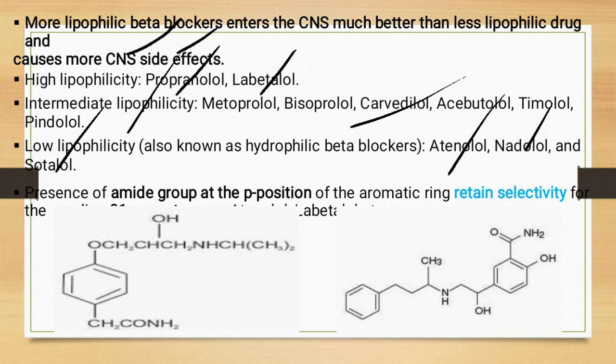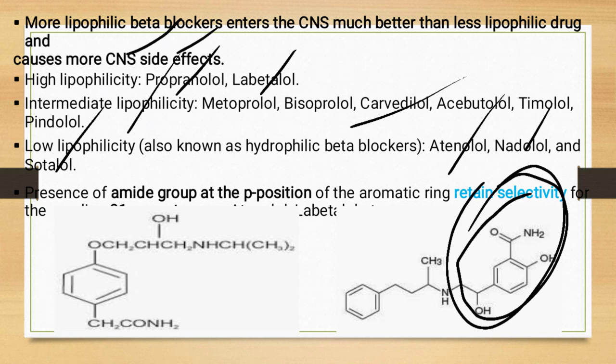Okay, when it comes to the groups, if larger bulky groups are present, then the drug becomes a mixed blocker, that is, it can block the alpha 1 as well as the alpha 2 receptors. So in carvedilol and labetalol, you can find such types of bulky groups at the end, which are responsible for producing the alpha blocker as well as the beta blocker.